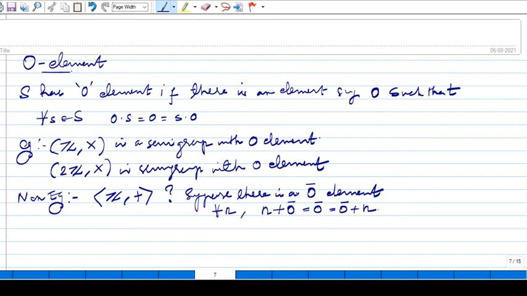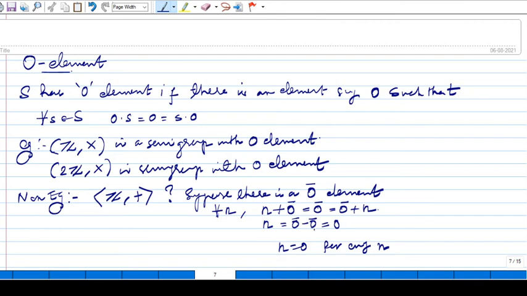Okay, but we know that this 0 element is also an integer. This means 0 bar minus 0, you will get the actual 0. That means n equals 0 for every n, right?